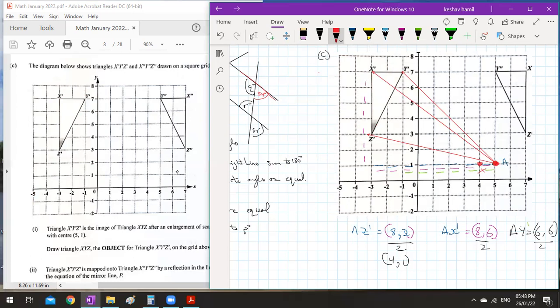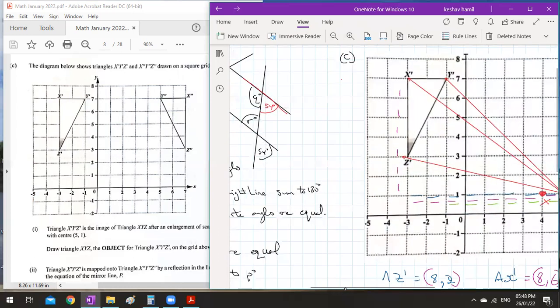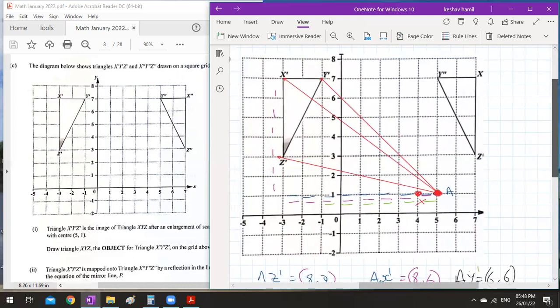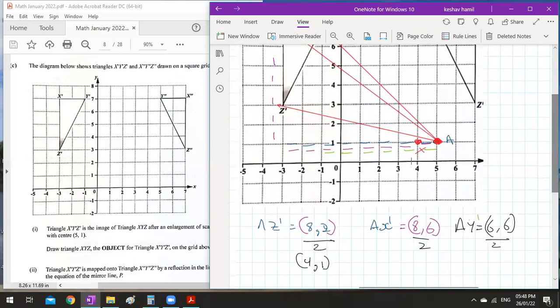That'll be the X value. So this would be Z, sorry.